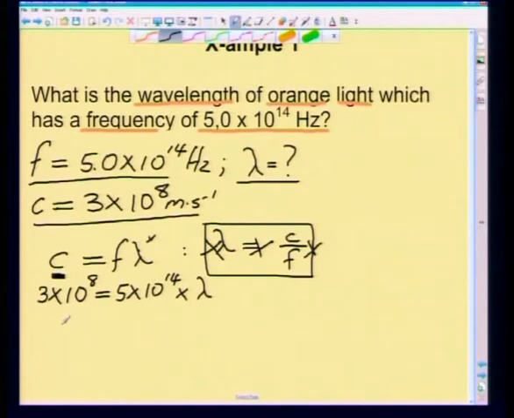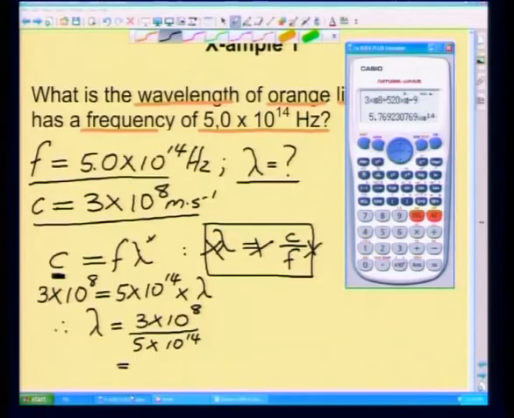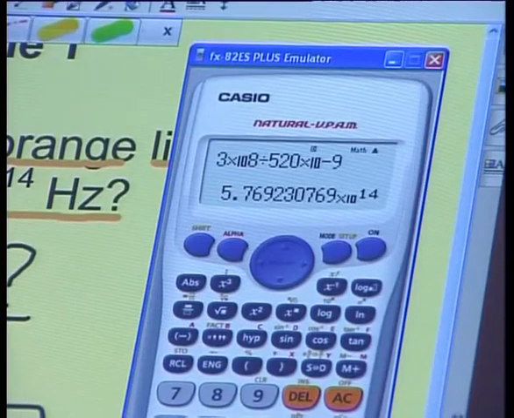Now, from what I have here, I can say that lambda is given by 3 by 10 to the power 8 divided by 5 by 10 to the power 14, right? And from there, I can get the answer. Now, for us to work that out, we need a calculator. Take out your calculator and work this out with me.